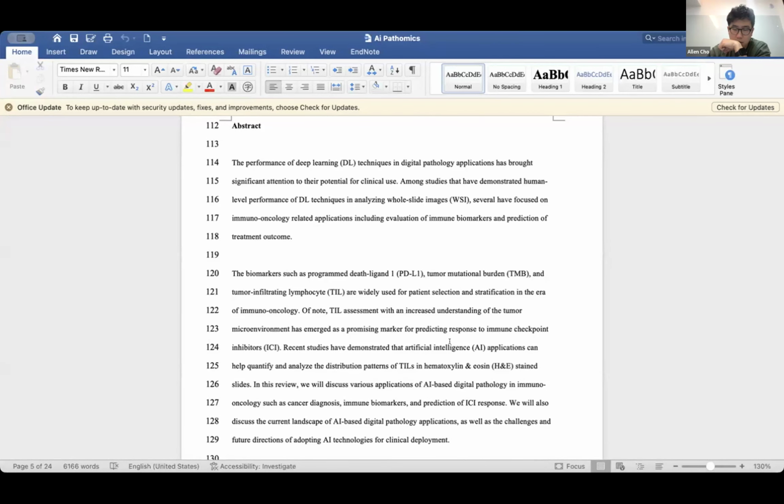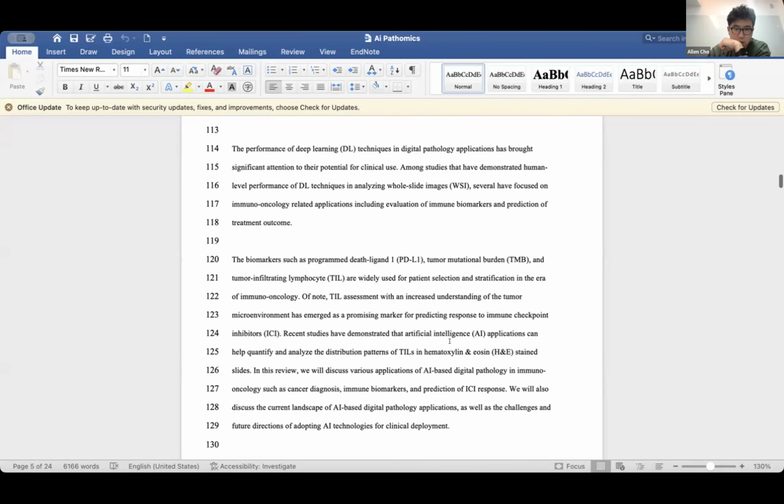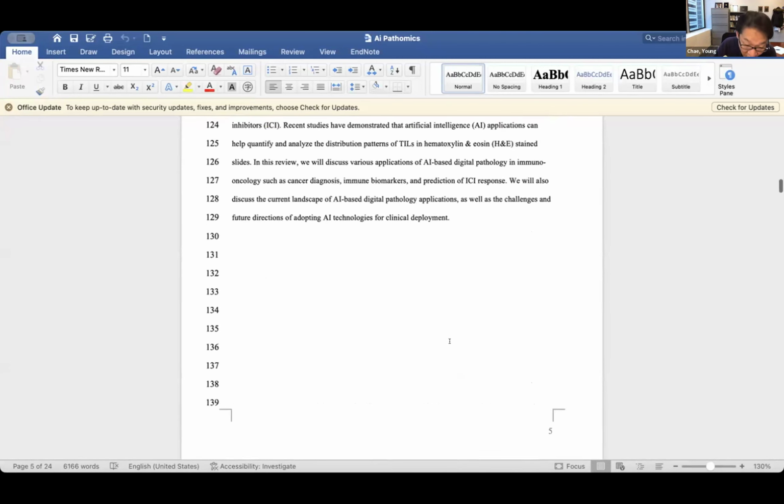Okay, so it's going to talk about diagnosis, immune biomarkers, and prediction of immune checkpoint inhibitor response. Now go back to the second.